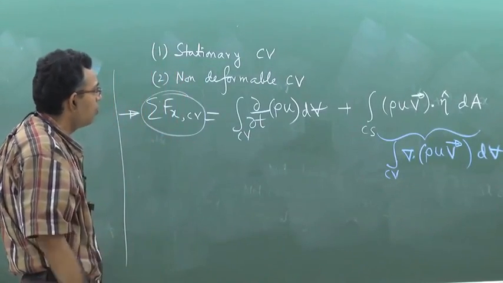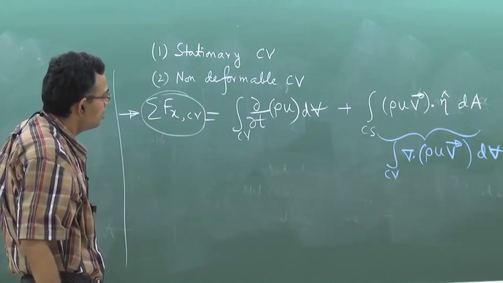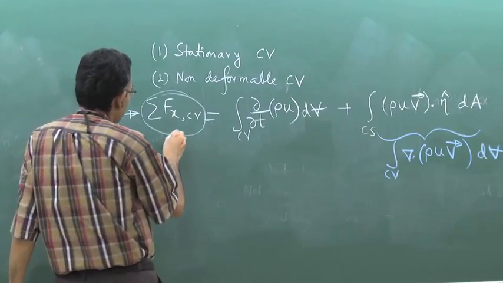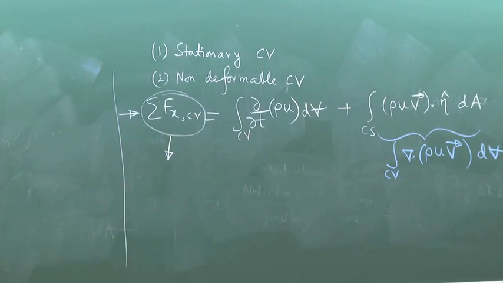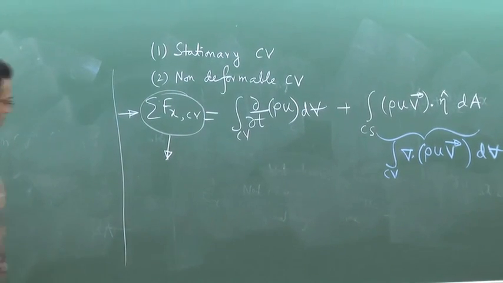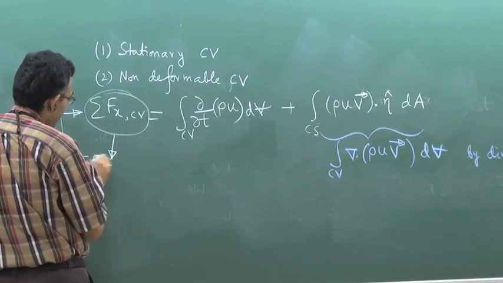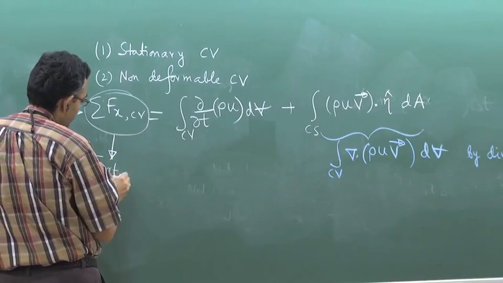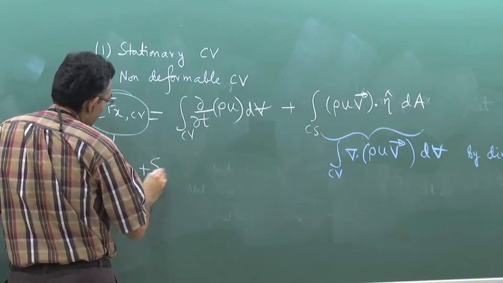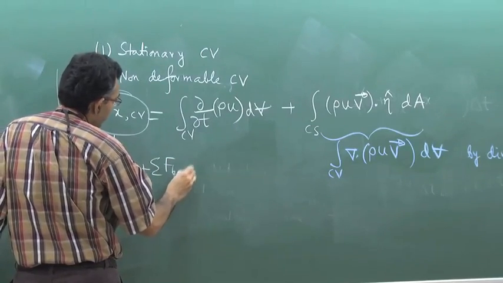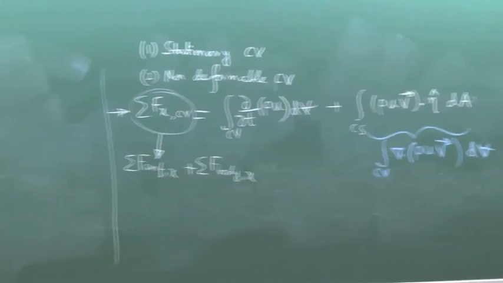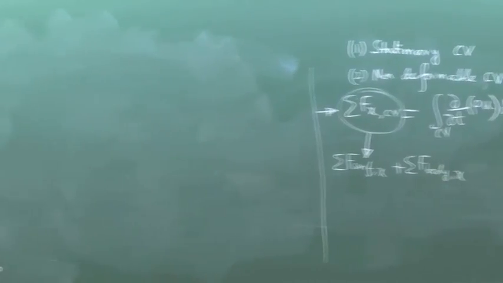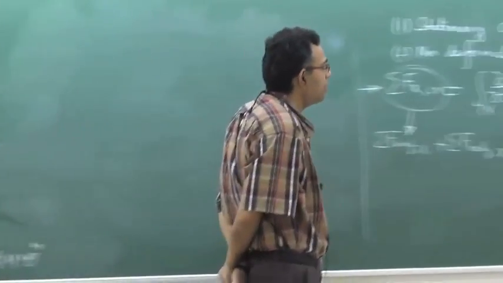Now what we will do is, we will write the left hand side, the resultant forces. Resultant force is summation of surface force along x plus summation of body force along x. How do you represent the surface force along x?